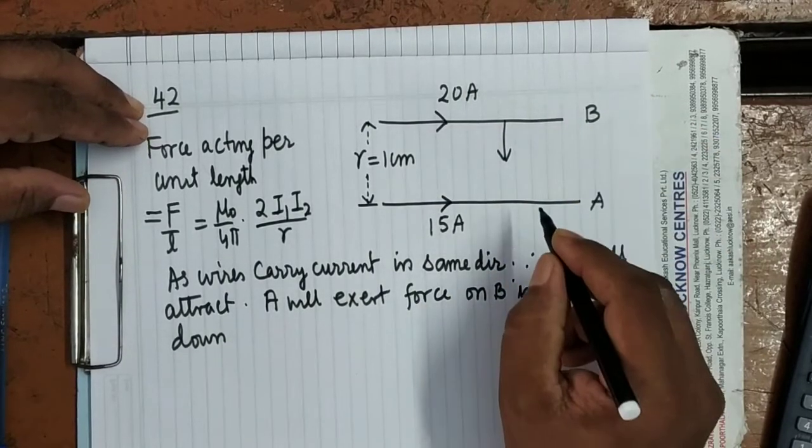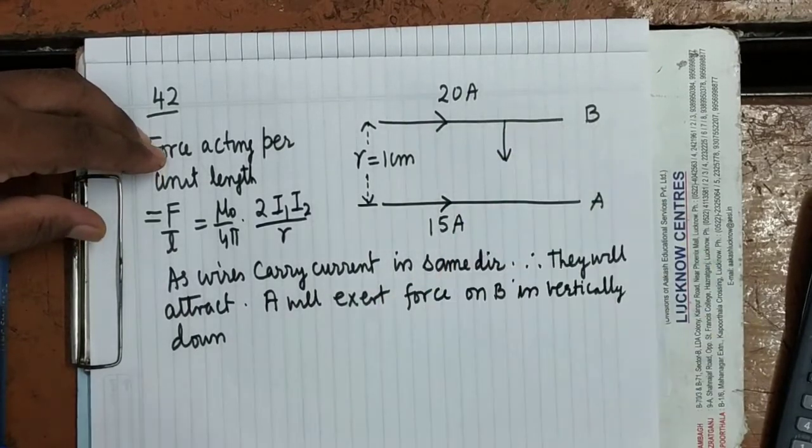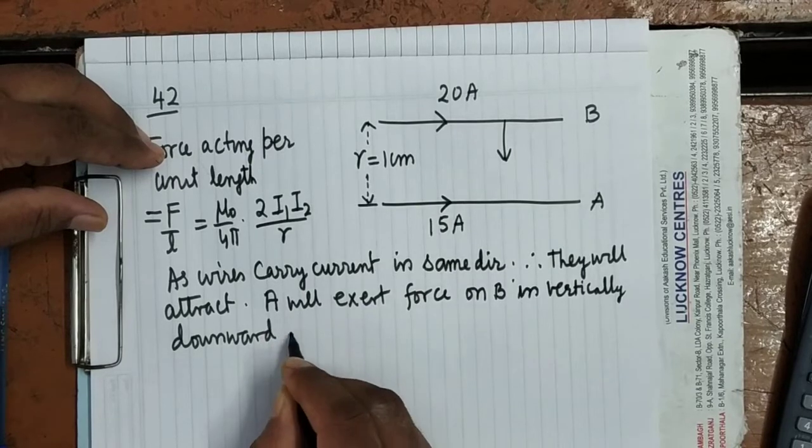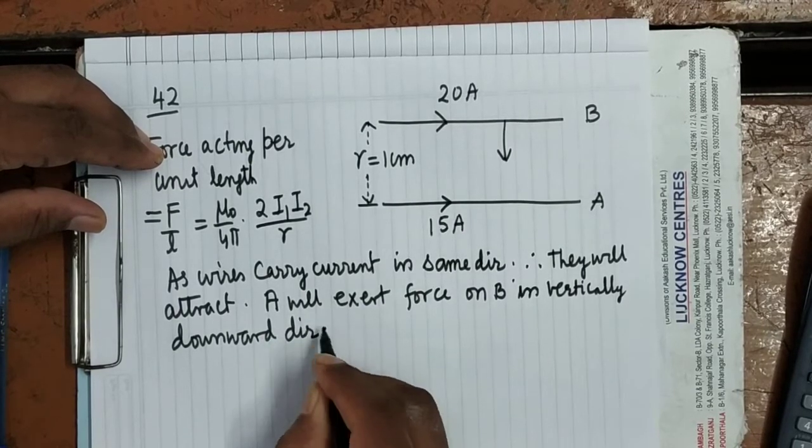B will exert the force on A in what direction? In upward direction. So now you evaluate the magnitude of the force.